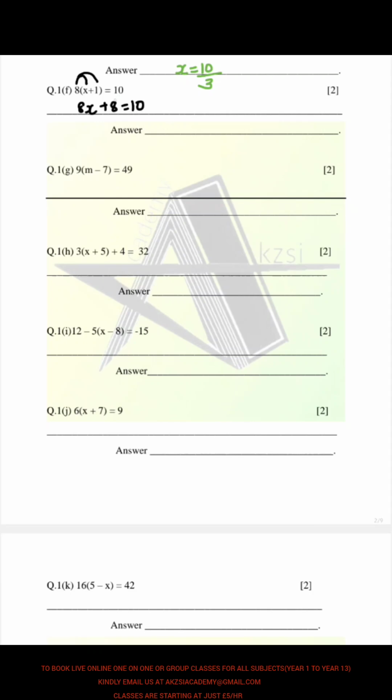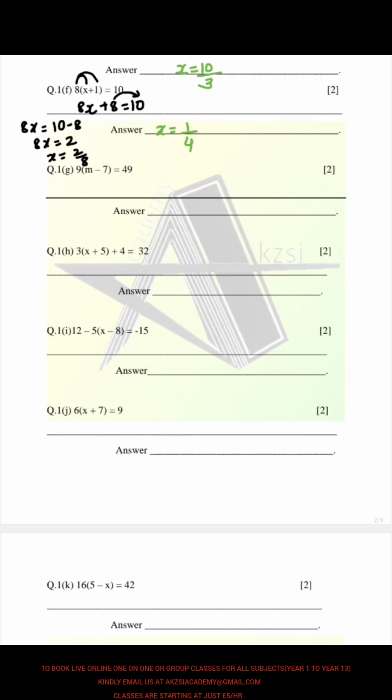Transposing 8 onto the right hand side, I will get 8x equals 10 minus 8. 8x equals 2. And now dividing both sides by 8, I will get x equals 2 over 8. And on further simplification, x equals 1 over 4.